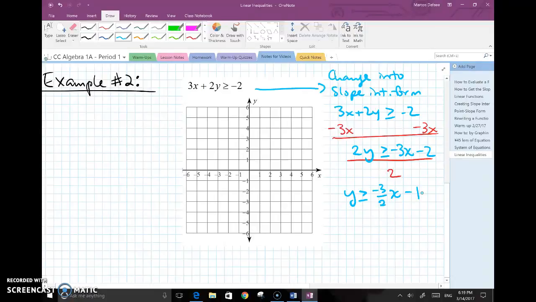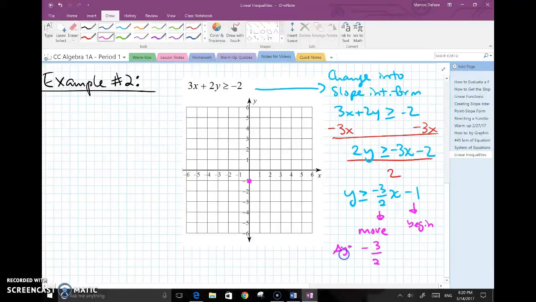And again, like in my last example, you start with the y-intercept. That's the number that tells you where to begin. So I'm going to begin at negative 1. And again, this is on the y-axis. So here's my negative 1 point, and I wait there, and then I look at my slope. This tells me how to move. Now I have negative 3 over 2.